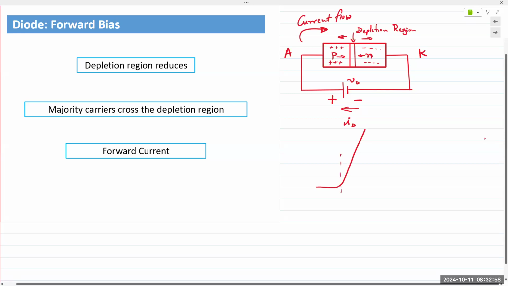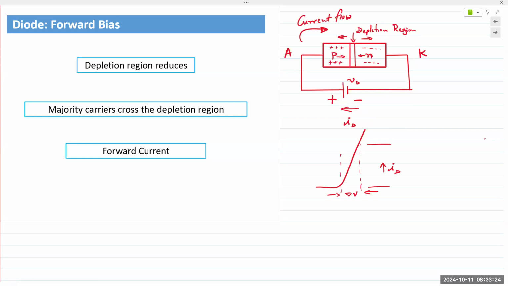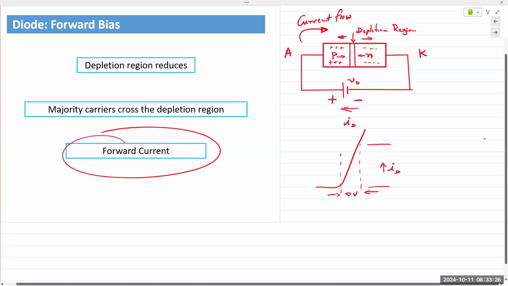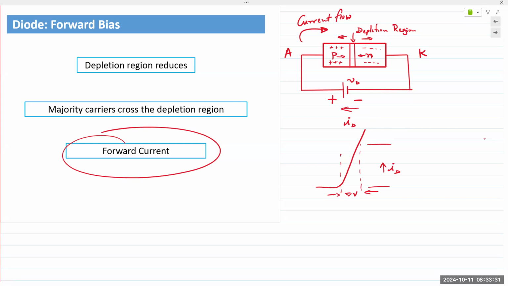The point is a very small increase in voltage would result in a large increase in current. Of course, that is also known as the forward current, just because it's going in the forward direction.